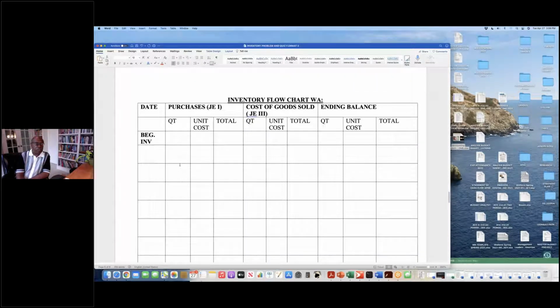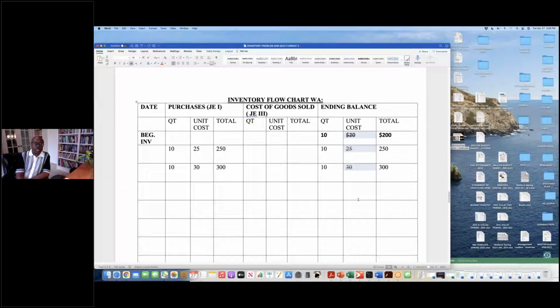And we can go to the weighted average chart and paste them. Okay. Now, when we do weighted average, and we have to sell 25 units, it might be a little easier.